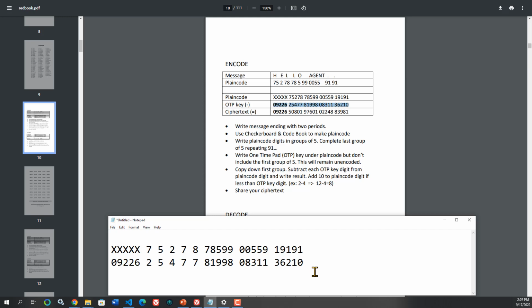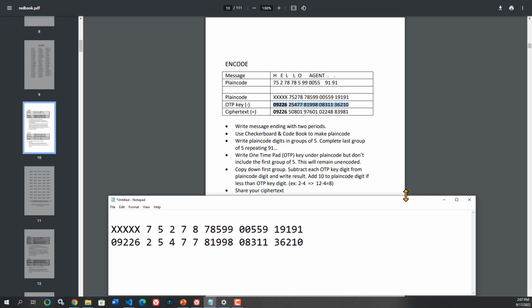It doesn't really matter, because in the end we're going to come up with numbers that we group in 5s for our ciphertext. What this is going to remind us is that these first 5 digits aren't encoded. We're just going to copy those straight down, so the first 5 digits of our ciphertext are the same as the first 5 digits of the one-time pad.